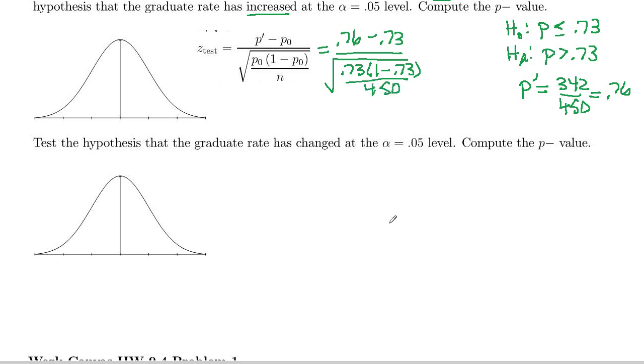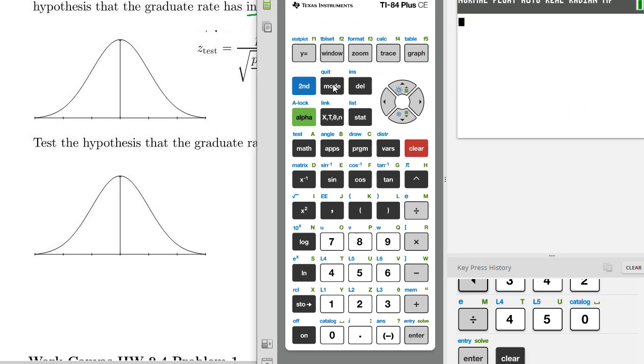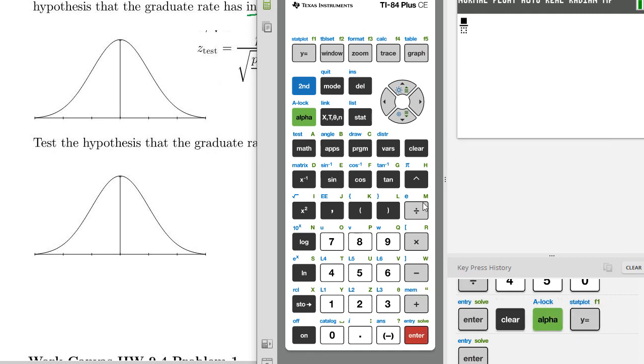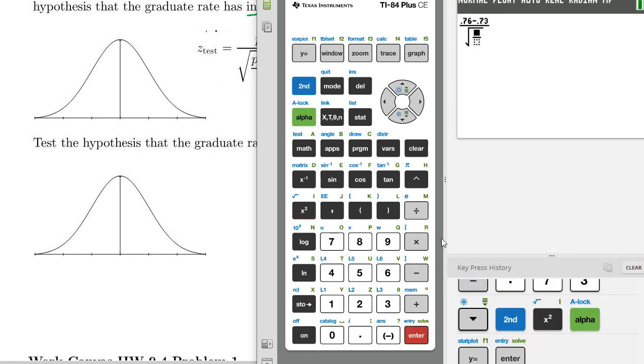So let's compute this on the calculator. I'm going to clear that out. I'm going to do horizontal fraction, alpha y equal enter. On the top we've got 0.76 minus 0.73, and in the denominator we have a square root, and then I'm going to do alpha y equal enter again to get horizontal fraction.